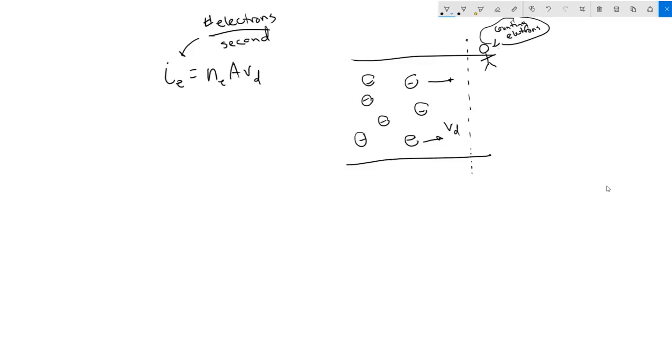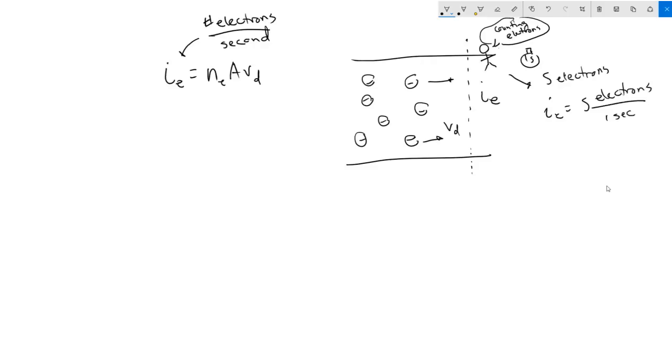How many electrons pass by? That is little i. Okay, how many electrons pass by? So you count it for 1 second, and then you're like, hey, 5 electrons or something like that. So then i would be 5 electrons per 1 second.